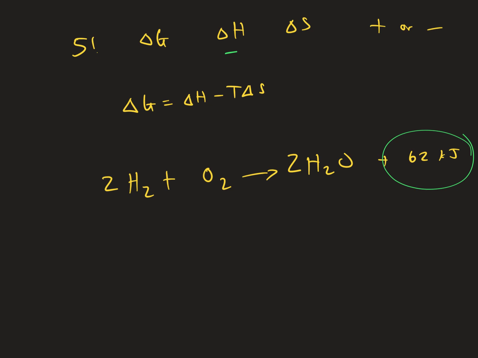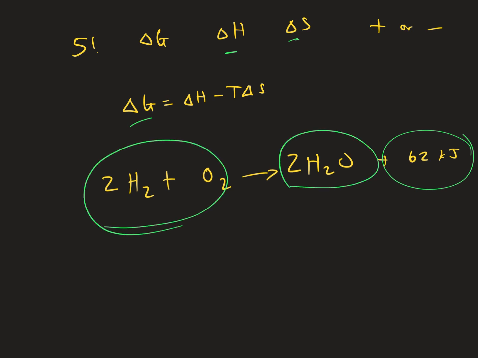What about, so if we can figure out what this is, we can figure out what that is, right? What's delta S? Entropy? What does that mean? Measure of disorder. So let's see. If it goes from here to here, is that going toward more order or more disorder?